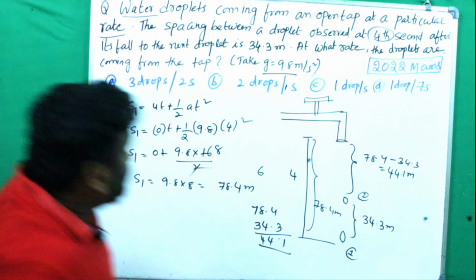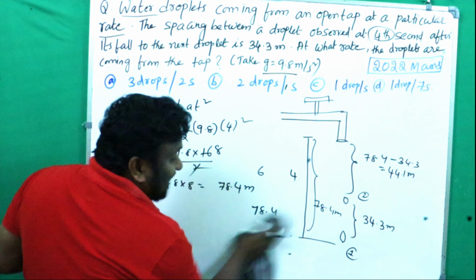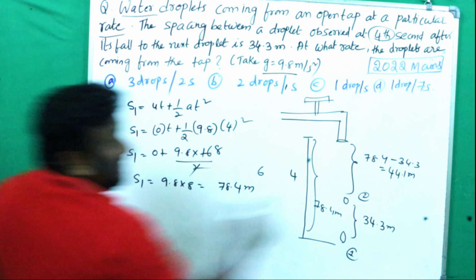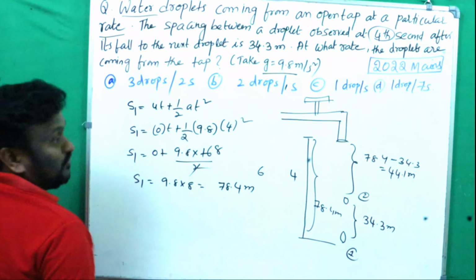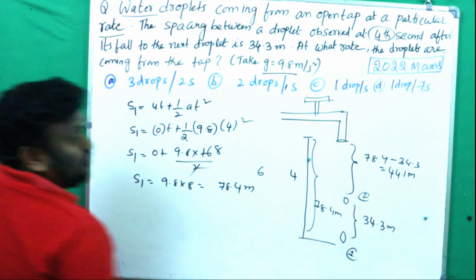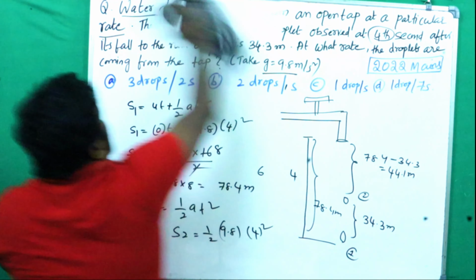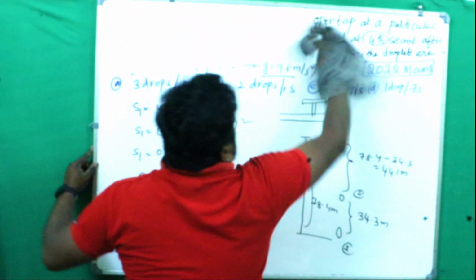That's why I am going to find the time taken by the second drop to travel the 44.1 meters. We have to calculate it, and for that we take the equation again. S2 equals half at squared, so S2 equals half of 9.8 into t squared.